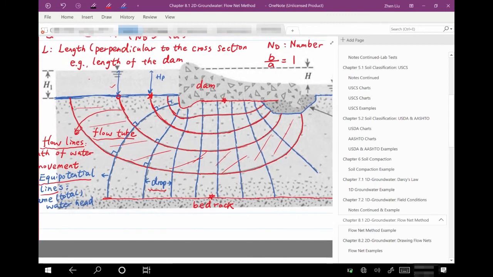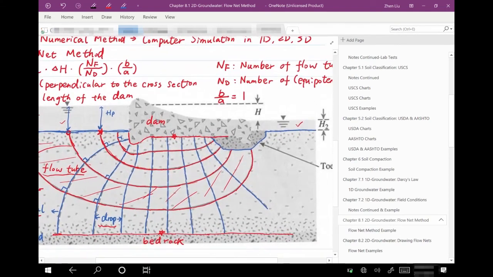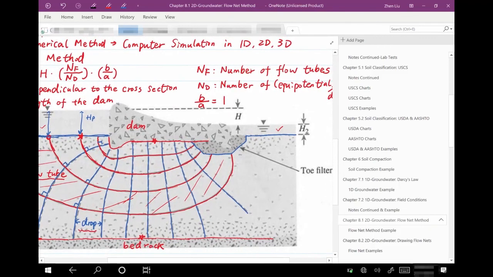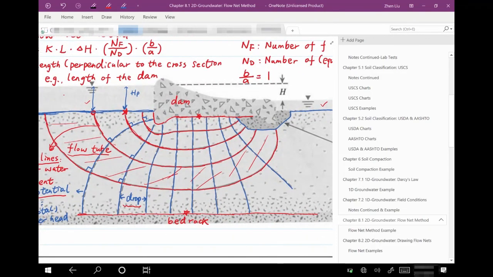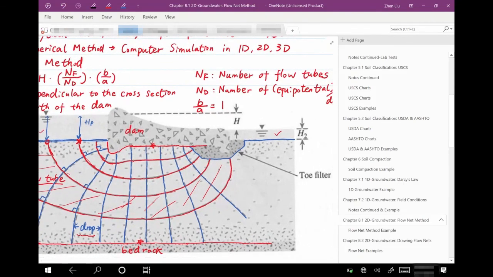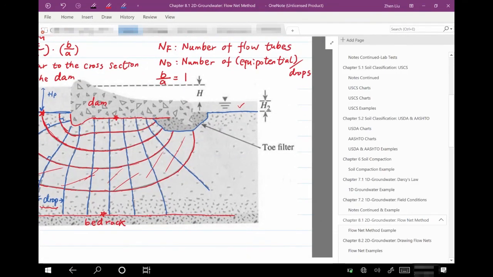Now we have drawn all the flow lines and equipotential lines. The next task is to figure out how to count the number of flow tubes and the number of equipotential drops. So could you try it yourself to see what you will get for N sub F and N sub D in this case?